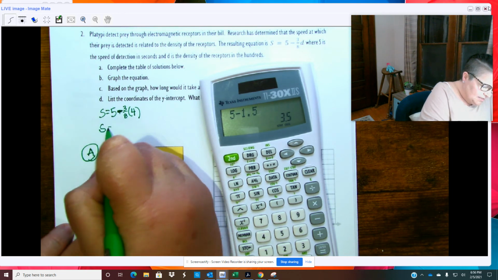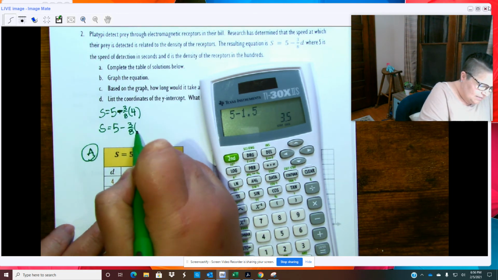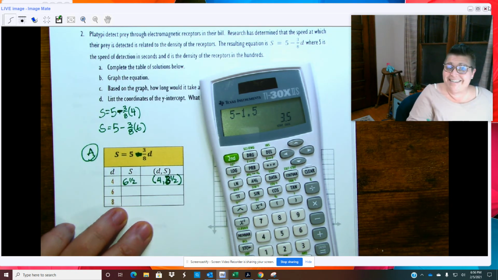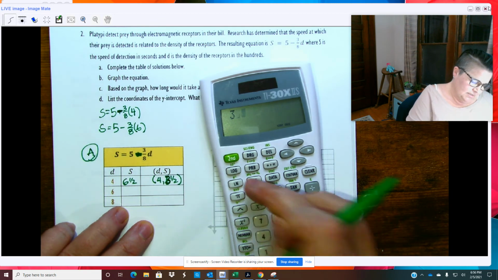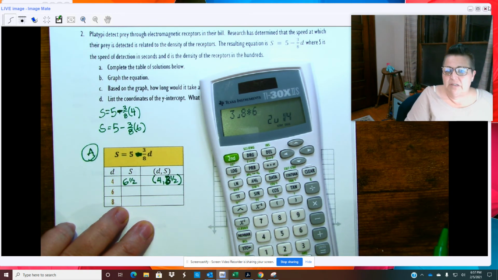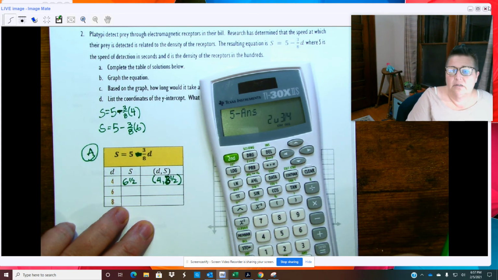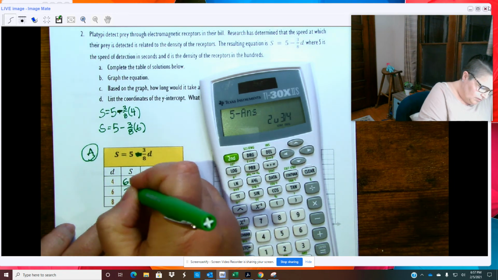Second one, S is equal to 5 minus 3/8 of 6. So 3/8 times 6 is going to be 2 1/4. If I do 5 minus that answer, I get 2 3/4.